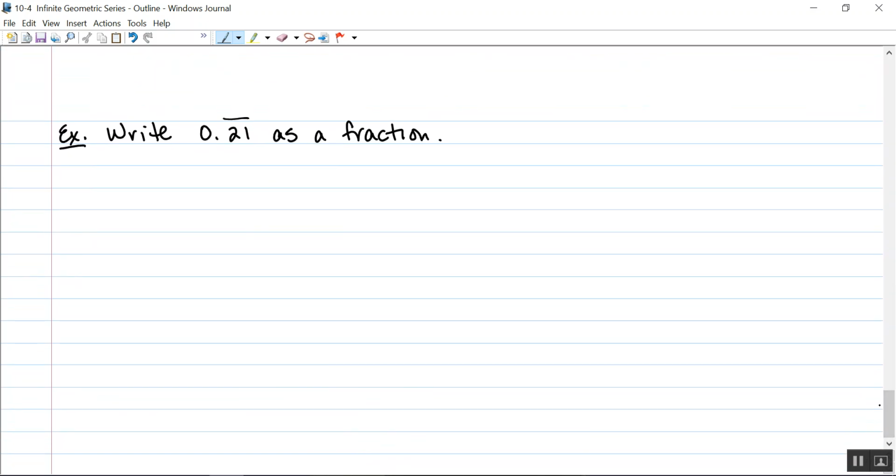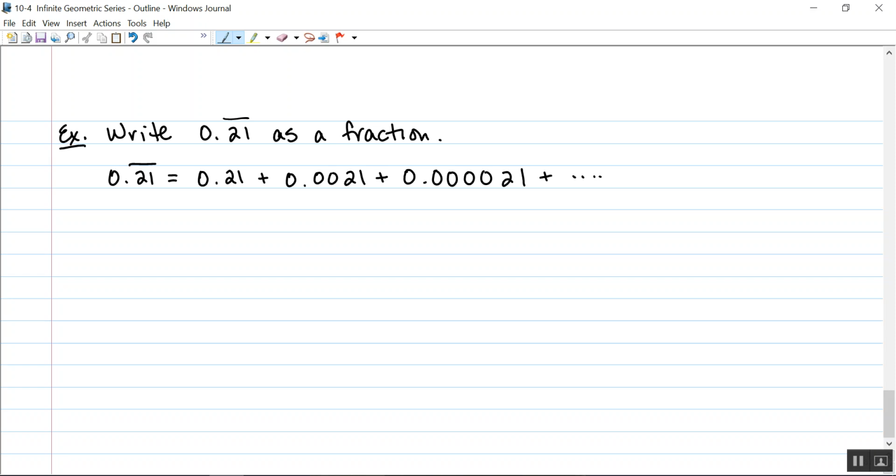So here we have, write 0.21 repeating as a fraction. So 0.21 repeating is equal to 0.21 plus 0.0021 plus 0.000021, and so on.